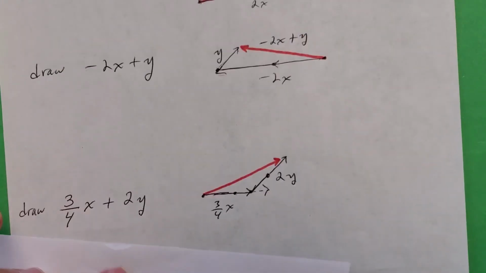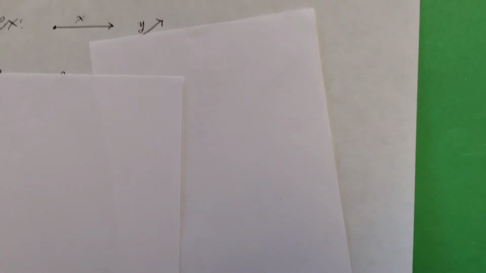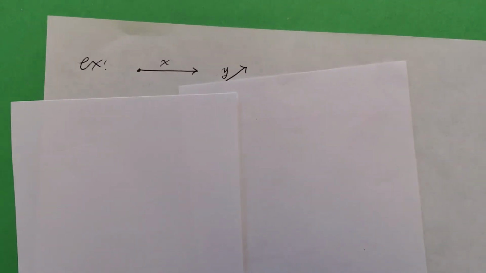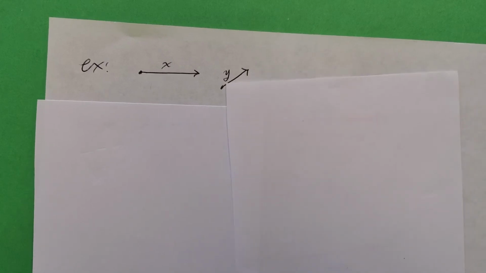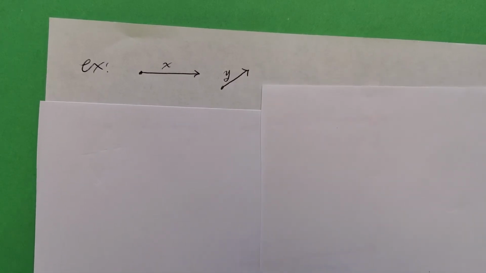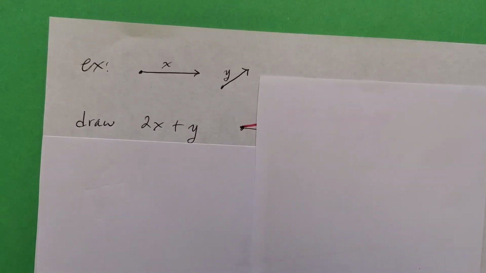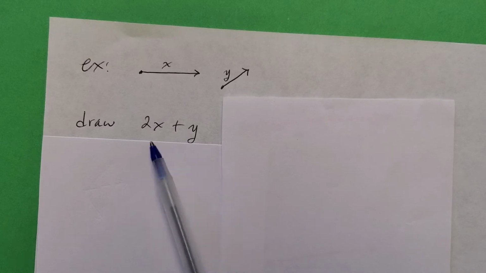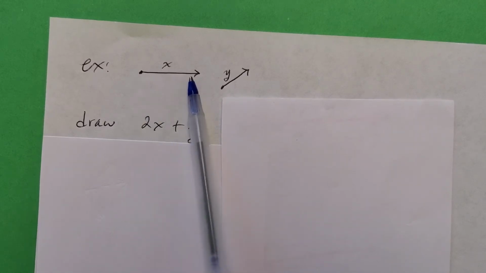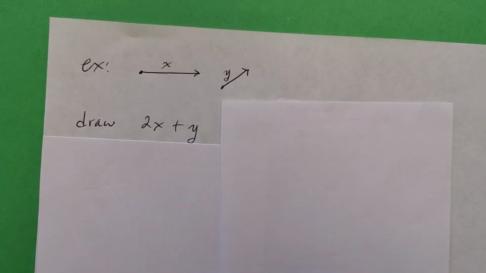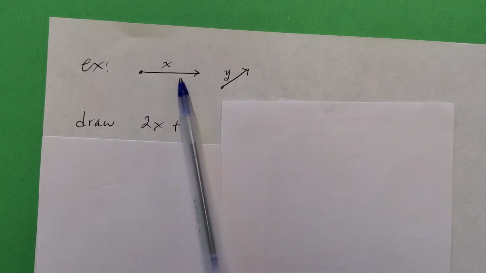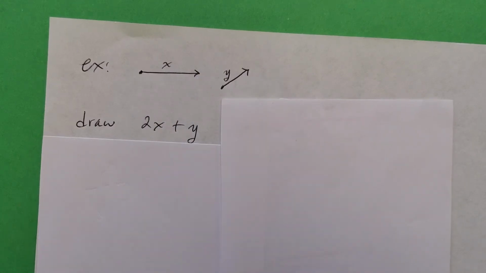Some examples. Here is vector x and vector y. What is 2x plus y? Well, what this means is double x, right? Twice as long. So when I draw 2x, I'm going to draw this and then double it.